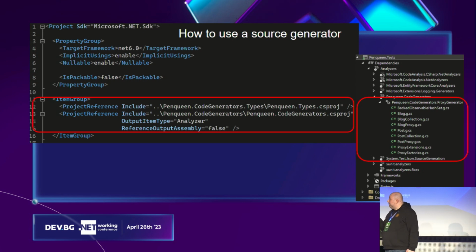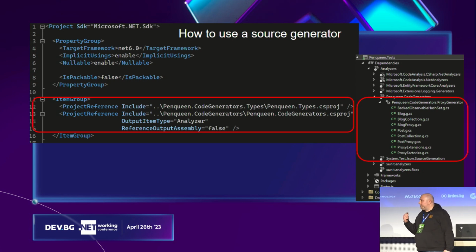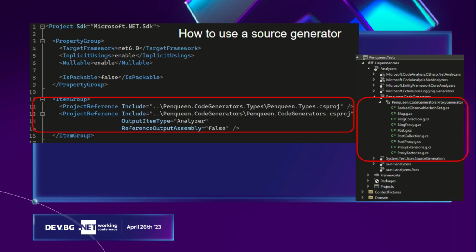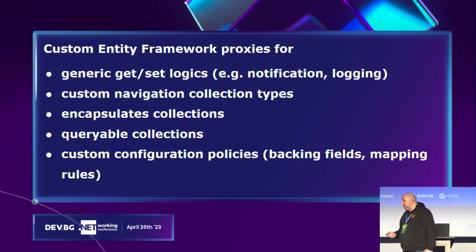So when my DB context with this attribute is changed, the source generator is executed, and you can see a lot of generated files in this node in Source Explorer. So you can open any file, you can debug it, you can view it, and if you like, you can rewrite your code generator to generate new content. So I use it for Entity Framework proxies.